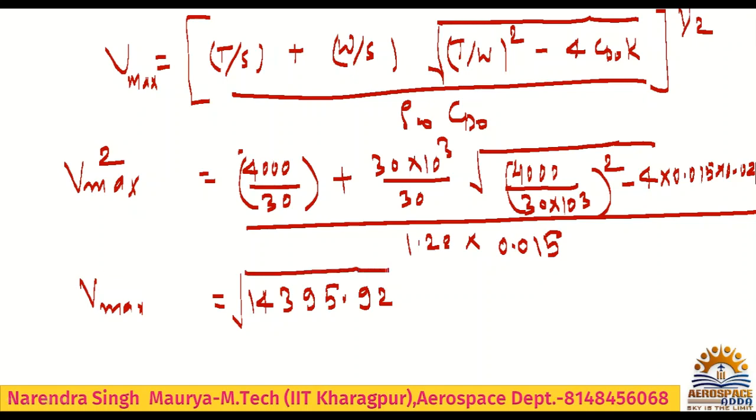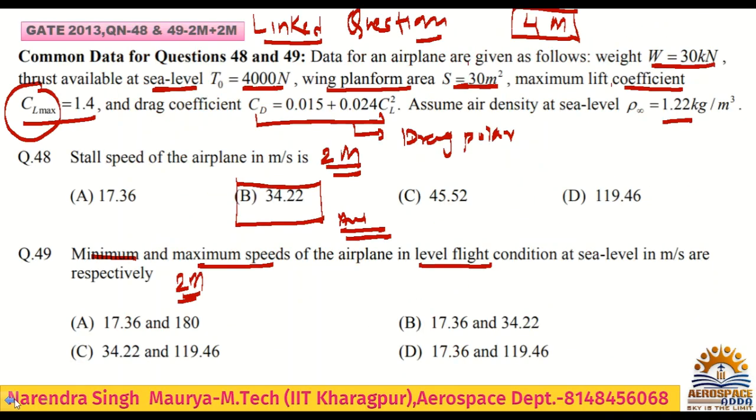Now you have to take root. So this value, you may get, take root. It is 119.98 meter per second. Check maximum speed anywhere if you are getting 119. Okay, two places you are getting 119 here and 119 here.